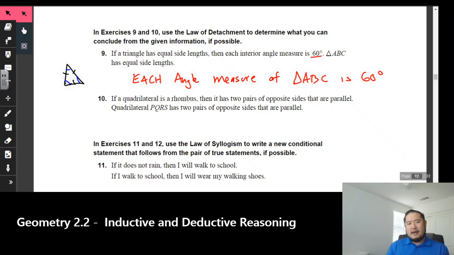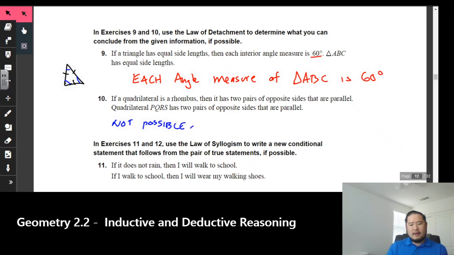So quadrilateral PQRS has two pairs of opposite sides that are parallel. It could be a square, it could be a rectangle. Those are all quadrilaterals that still have opposite sides that are parallel as well. So in this one, is it possible? No, this is not possible.